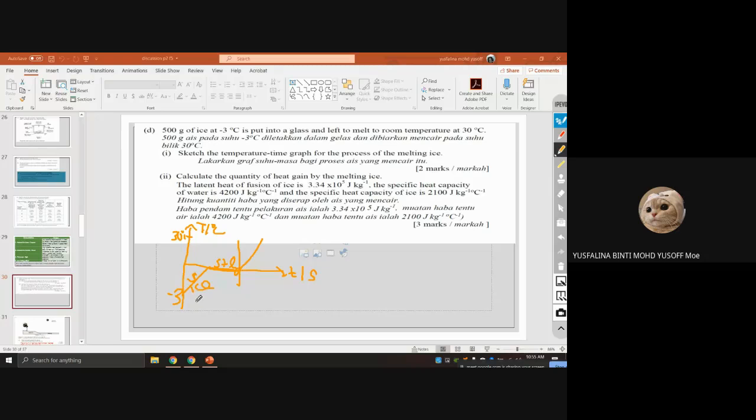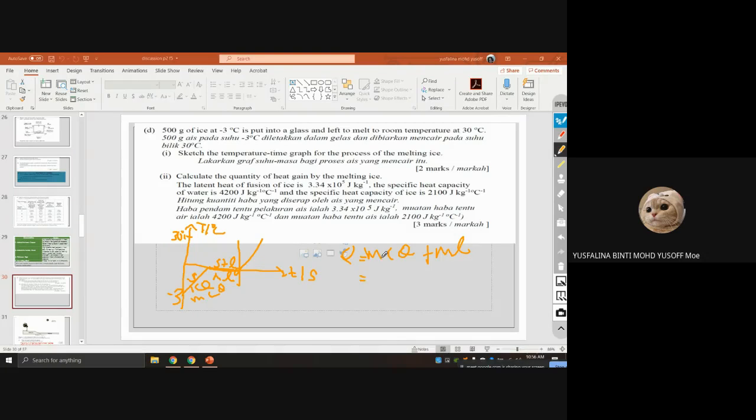So the formula we will use is mcθ and ml. To know the quantity of energy needed to melt the ice, you just add mcθ plus ml. So the formula is Q equals mcθ plus ml, the quantity of heat energy needed.